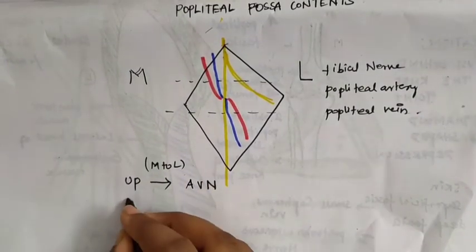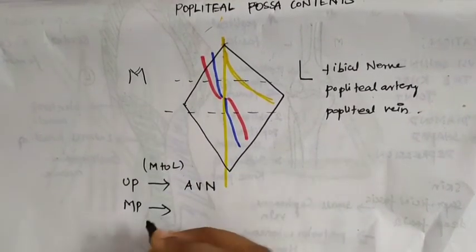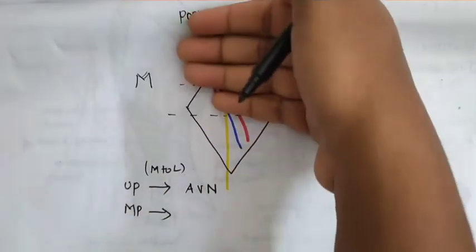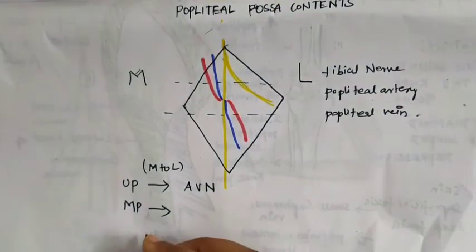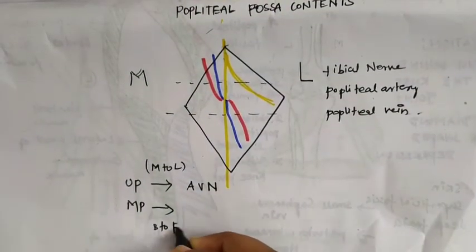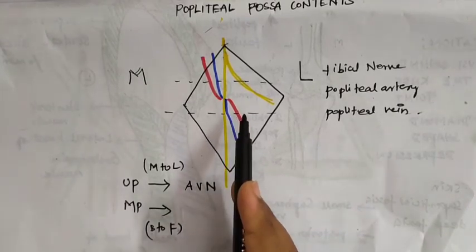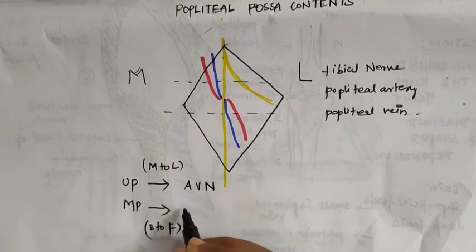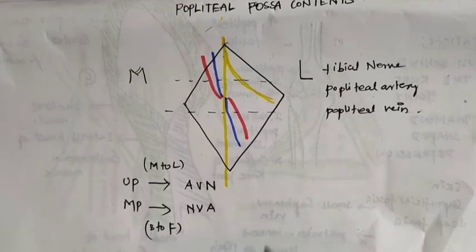In the middle portion, from behind to forward, that is posterior to anterior: nerve, vein and artery.